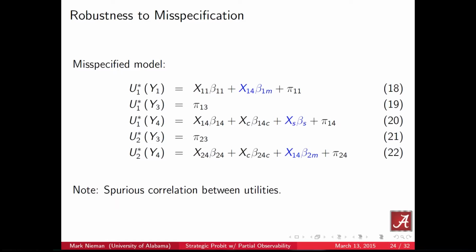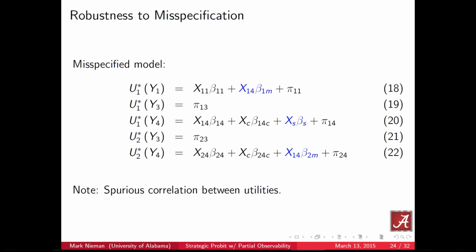To demonstrate this misspecification, we see that the overall model is the same as before, with the exception of these blue regressors that I'm now including. So from the true data generating process, it's the same as before, but I'm now including, from the perspective of the analyst, these blue equations, where the first one is going to be this misapplied regressor. This should really just be in player 1's Y4 outcome, and it's being misapplied to player 1's Y1 outcome.